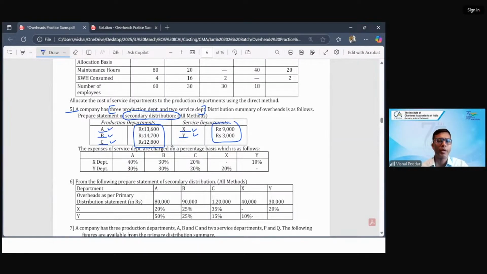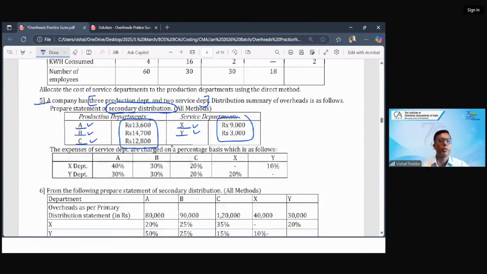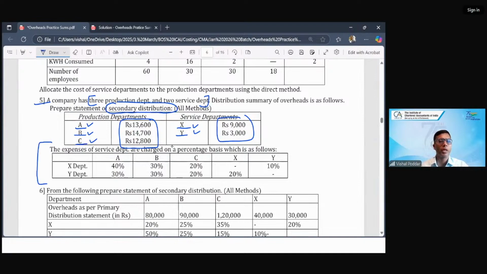Now coming to the next point, how do you understand whether the question is of direct, or the question is of step ladder, or the question is of reciprocal? Out of the three categories, which category applies here? So that you'll come to know from this table. Now, what is this table for? The table says the expenses of service department are to be charged on percentage basis. Like how in primary distribution, we had to divide the common expenses between all the departments using some ratio.